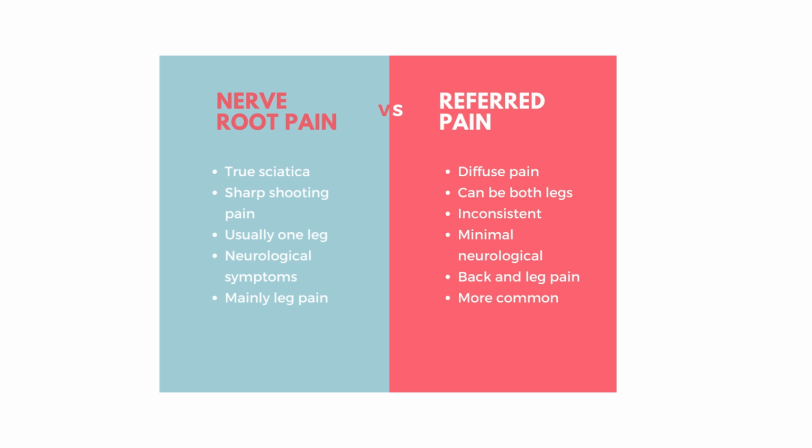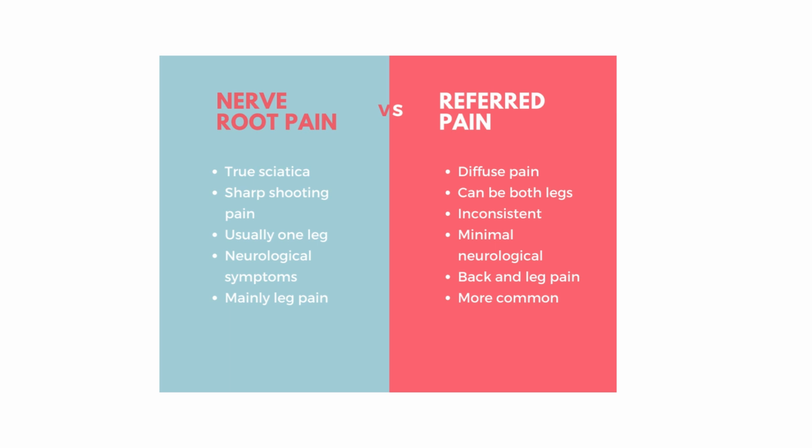A key determinant of whether you have nerve root pain can be to do with whether you have neurological symptoms or not. Now, neurological symptoms are things like sensation changes, pins and needles, numbness sensations, and particularly a loss of power like foot drop, where you actually can't physically lift a limb up at all. Now, with referred pain, you don't tend to get many, if any, neurological symptoms.